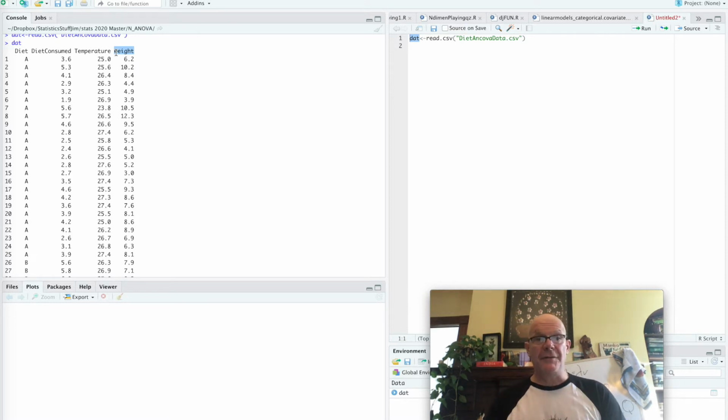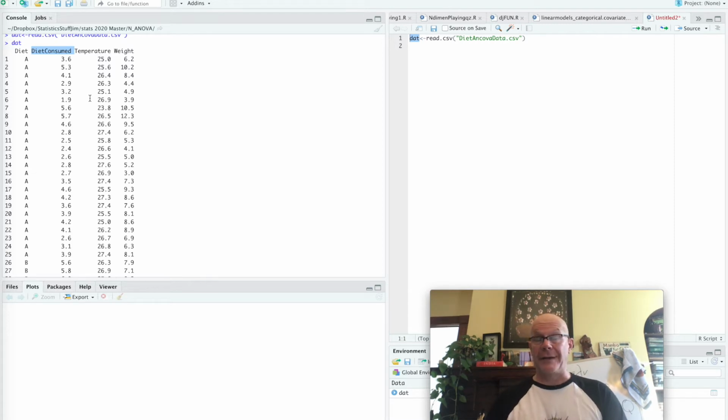We have two different diets, but we also kept track of diet consumed. You could imagine a situation where, if you have a diet that is very nutritious, two different caterpillars consumed the same amount of food, but one of them might develop more than the other simply because one of the diets is superior.